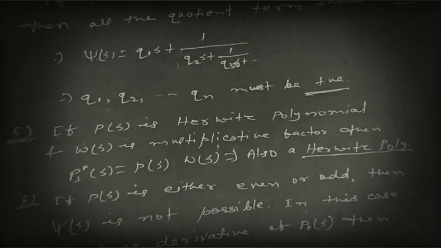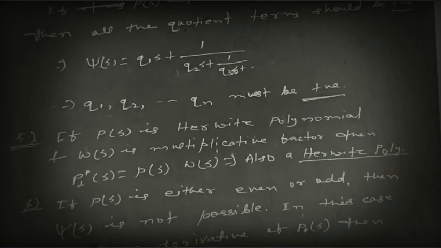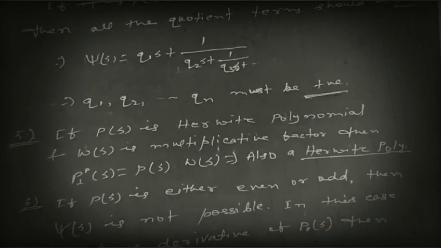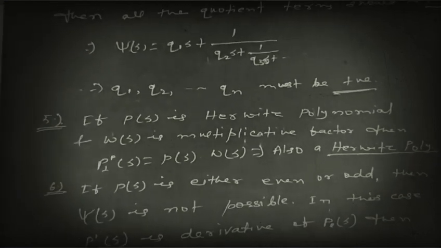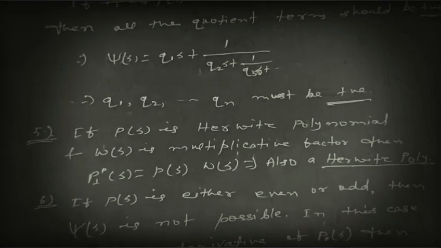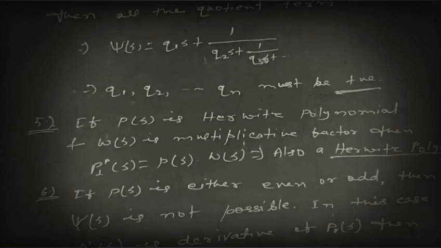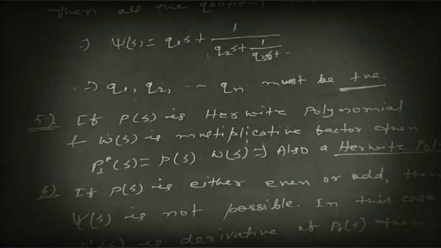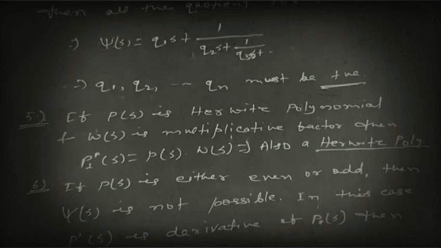Next, fifth property: if P(s) is a Hurwitz polynomial and W(s) is a multiplicative factor, then we can write P(s) into W(s). That means when a Hurwitz polynomial is multiplied with W(s), the multiplicative factor, the new polynomial P1(s) will also be a Hurwitz polynomial.